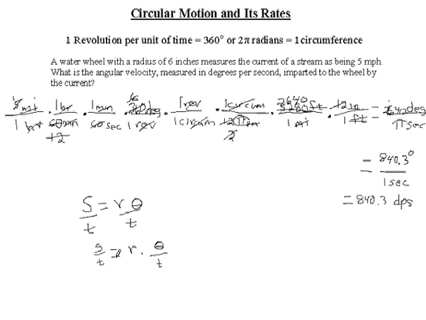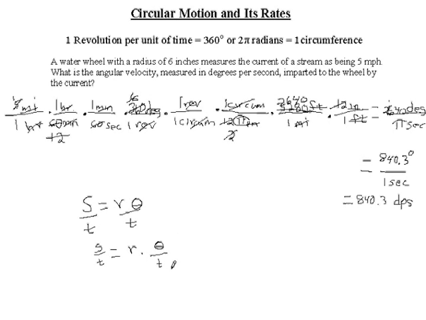Now, what's the significance of that? On the left side, we have a linear distance, inches, feet, yards, meters, centimeters, in time. So we've got feet per second, miles per hour, whatever the units are. We have a linear velocity here. On the other side, here again, we want this to be in radians, or it's not valid.